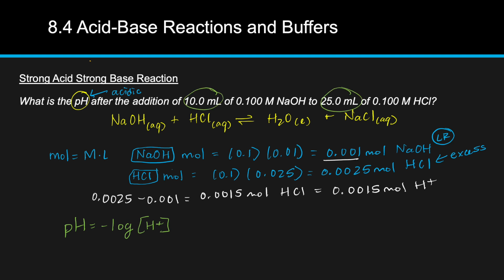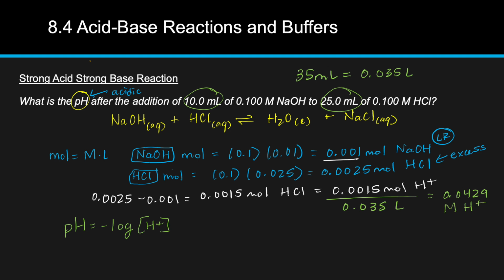So adding that up, that would be 35 milliliters, which is going to convert to 0.035 liters. So now I can take this number, divide it by 0.035 liters, and that's going to give me my concentration of H plus, which is 0.0429.